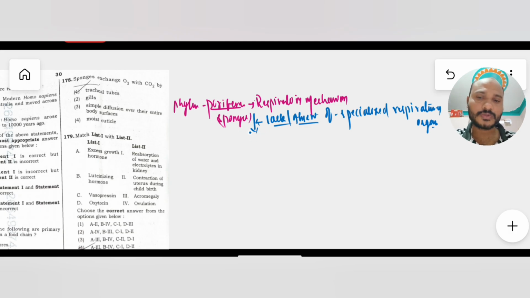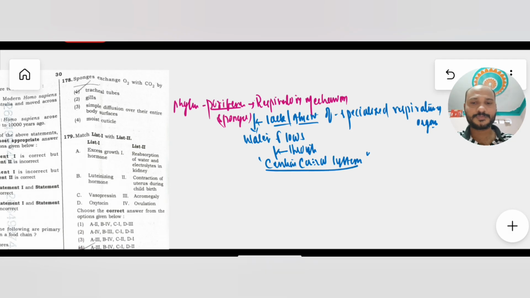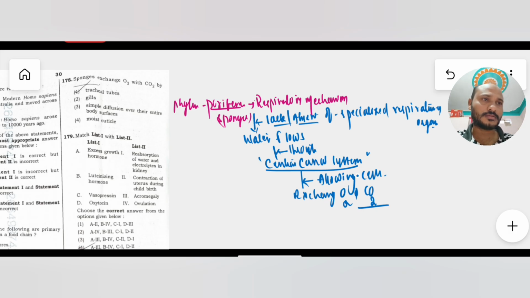Water flows through the central canal system, and when water flows through this canal system, it allows the cells to exchange oxygen and carbon dioxide.